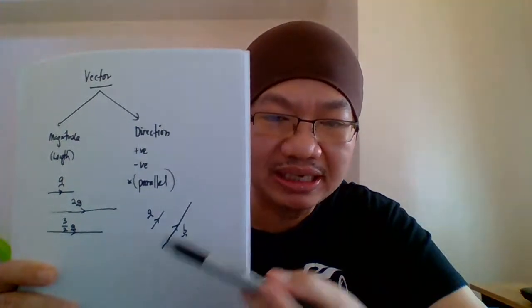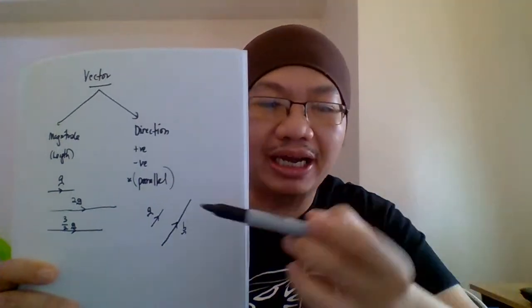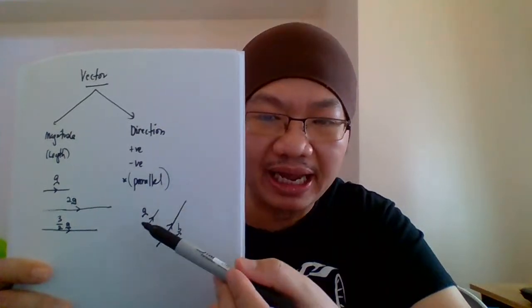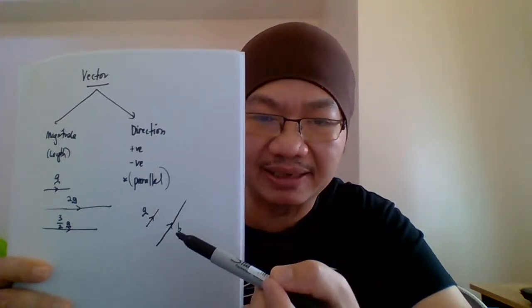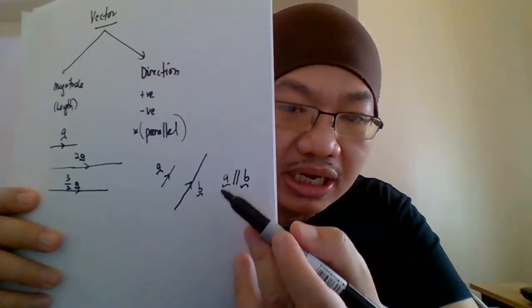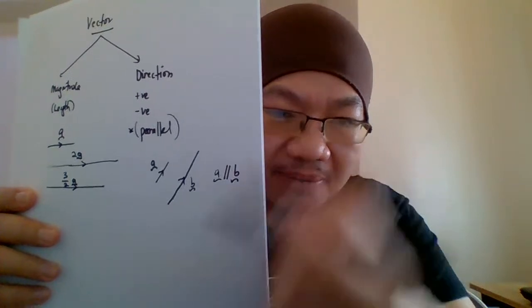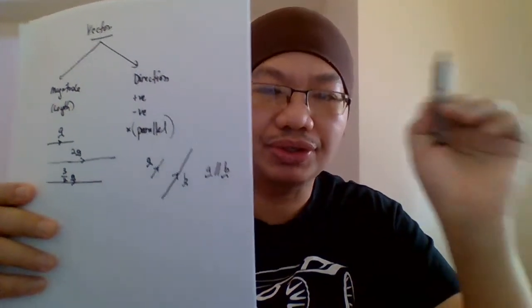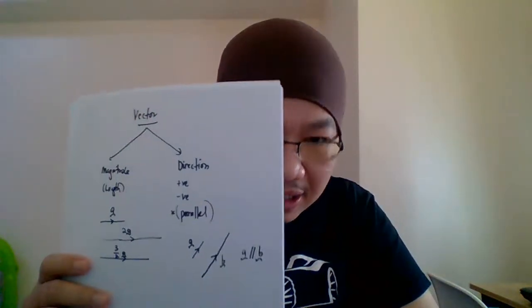As long as the directions are similar, we can conclude this is a parallel vector. That's why I label this one as A and this one as B. So what we can conclude here is A is parallel to B. How do we write parallel? Very straightforward: vector A, double line, vector B. So that is about parallel.